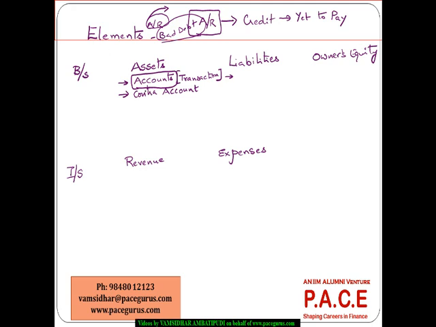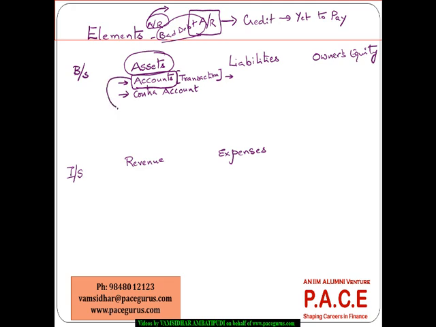Like this, we have different kinds of accounts under each of these elements of the financial statement. We find more than one account of different kinds under which the transactions are typically recorded.